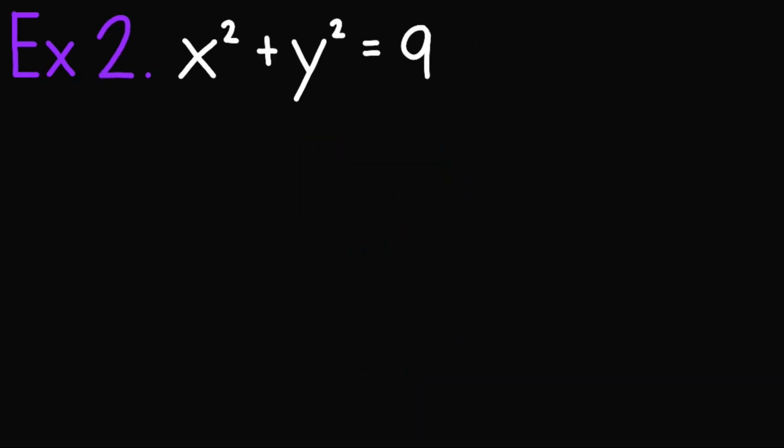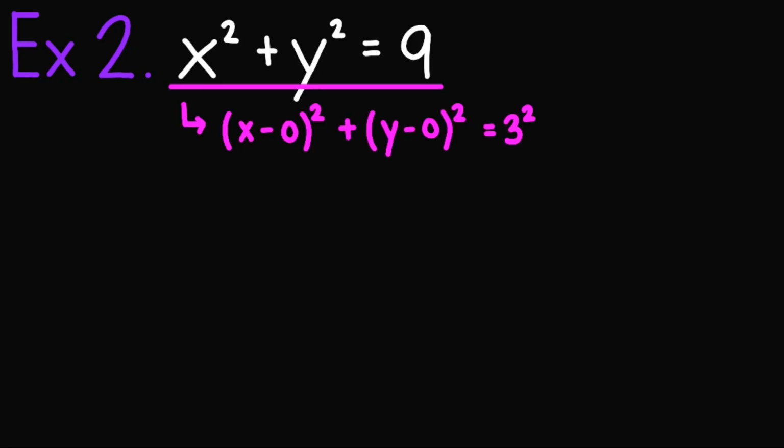In here, we're given x squared plus y squared equals 9. Before we start, feel free to pause the video so that you may try this one first on your own. Okay, good. So let's start. First take note that given this, we can write this as x minus 0 squared plus y minus 0 squared equals 3 squared.